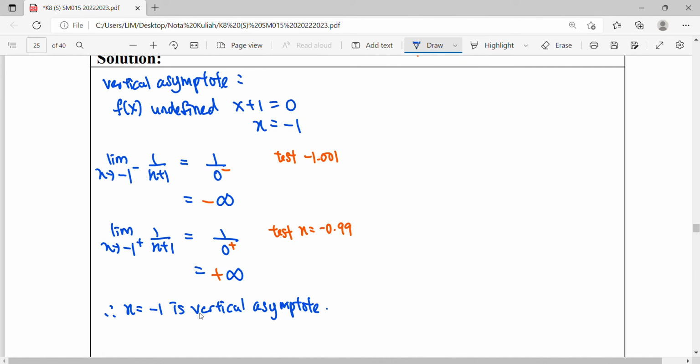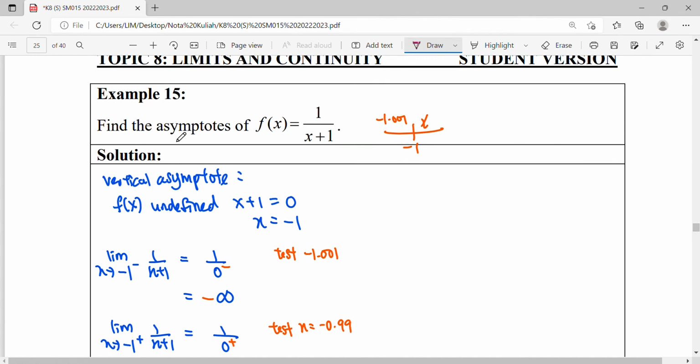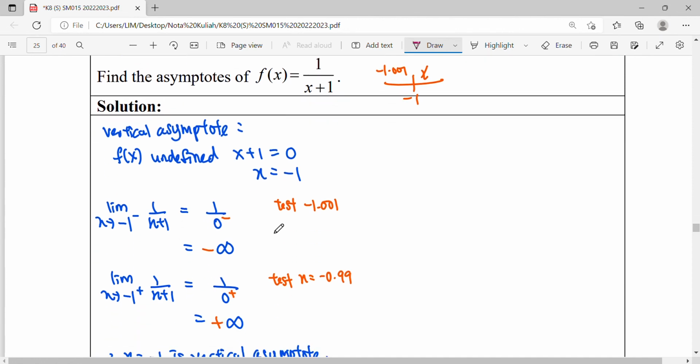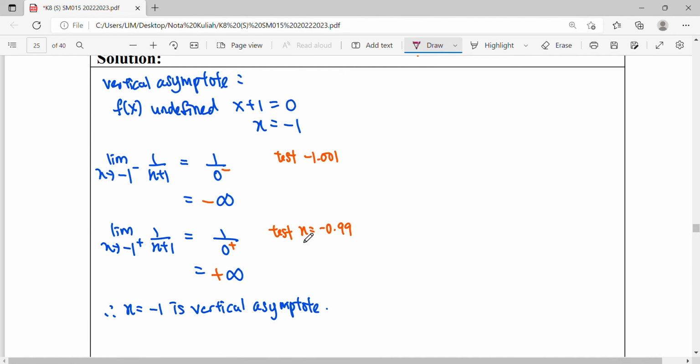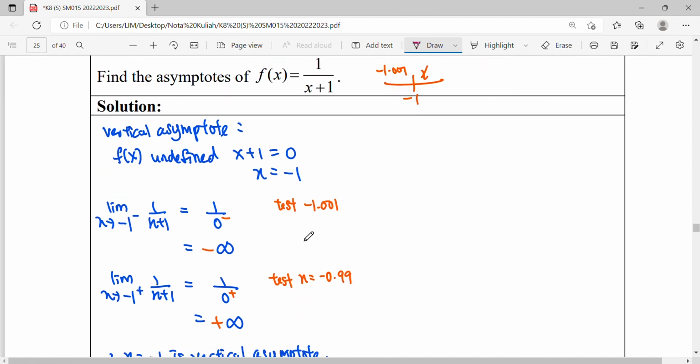Done. Then we proceed, because this question doesn't mention whether vertical asymptote or horizontal asymptote, right? So after finding vertical asymptote, we're going to find your horizontal asymptote. So how to figure out horizontal asymptote?